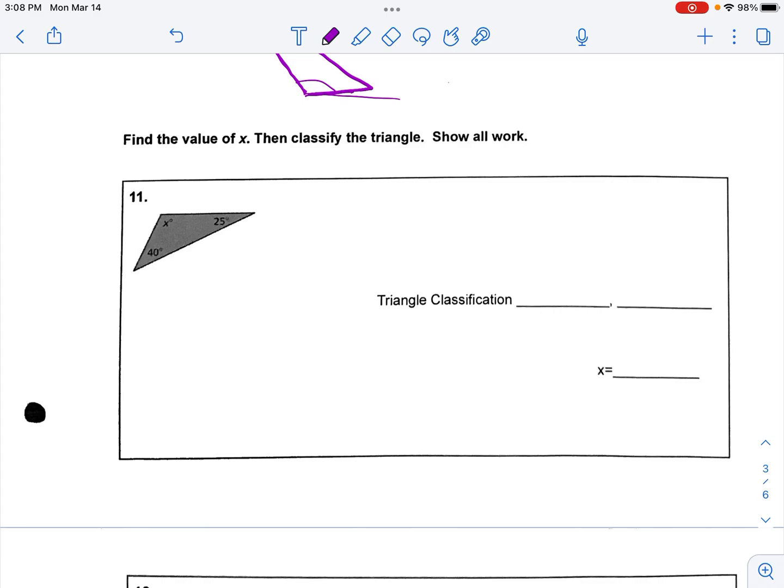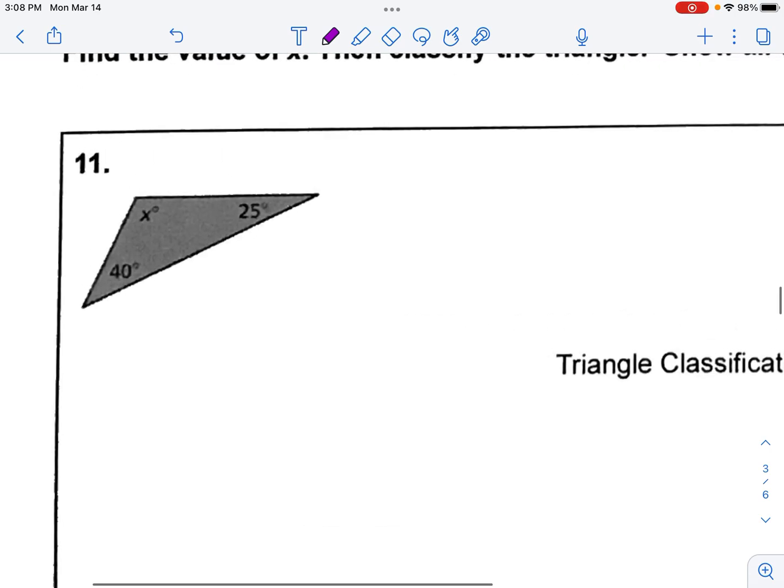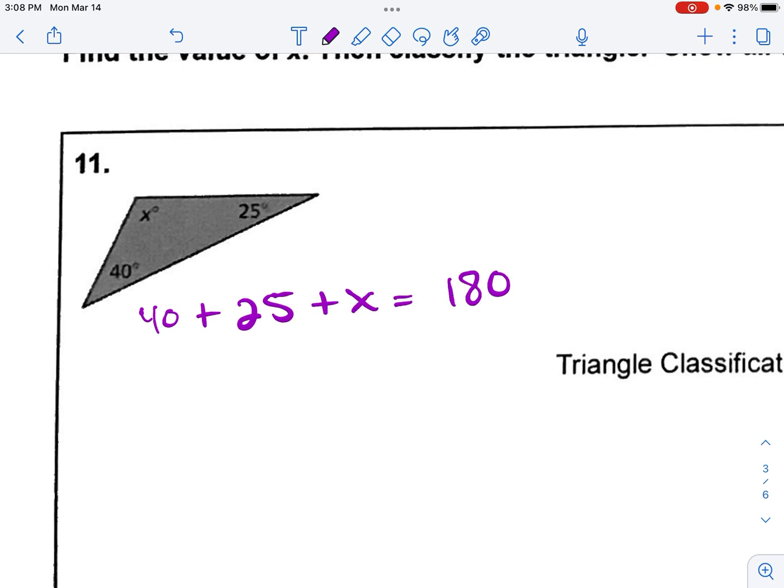Number 11, we're going to find the value of x, then classify the triangle, show all work. To find x, we know that all three interior angles must equal 180 degrees in a triangle. We're going to combine like terms and solve for x.